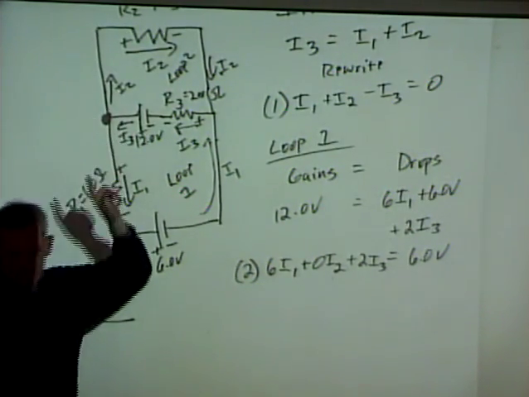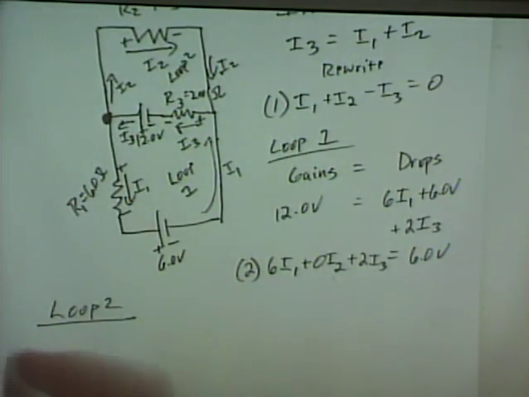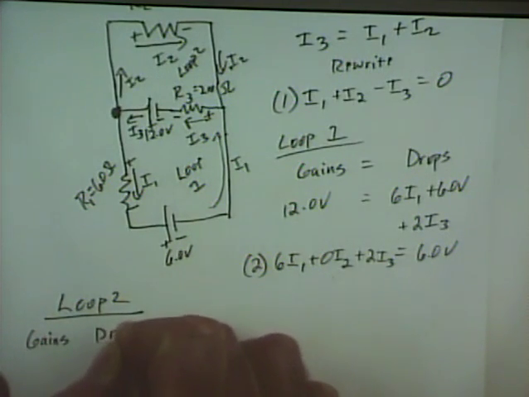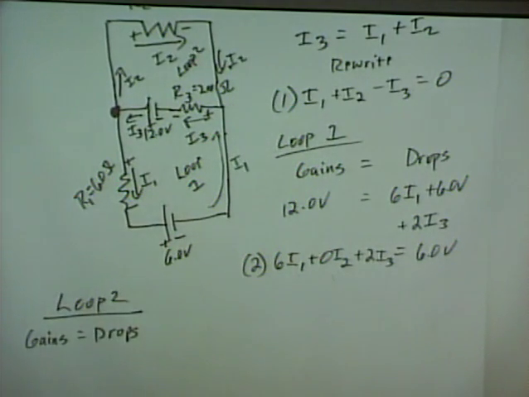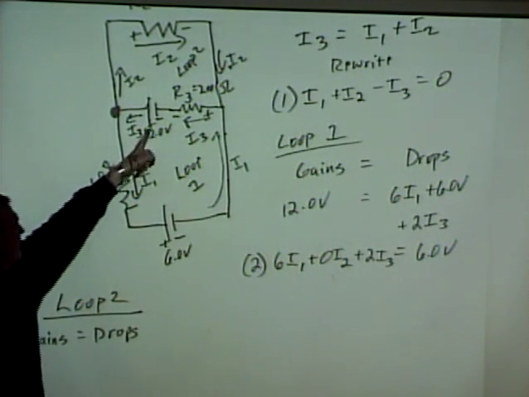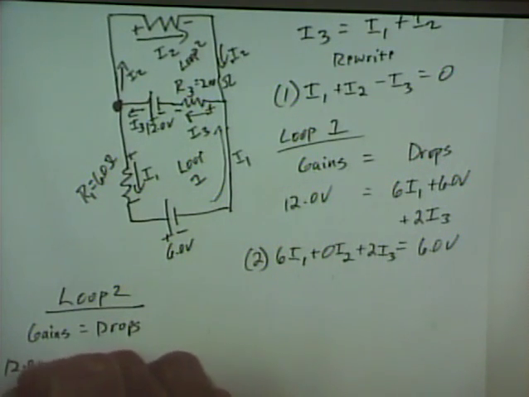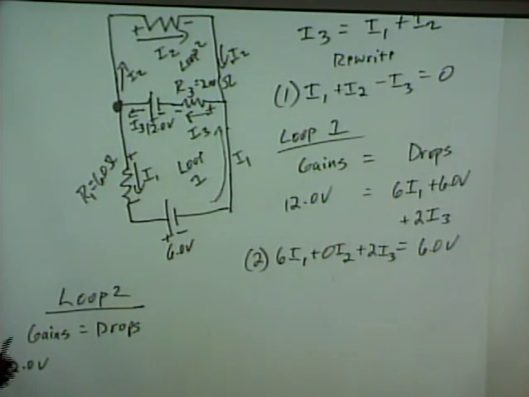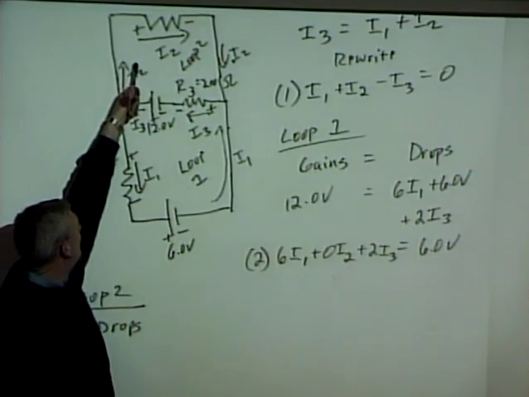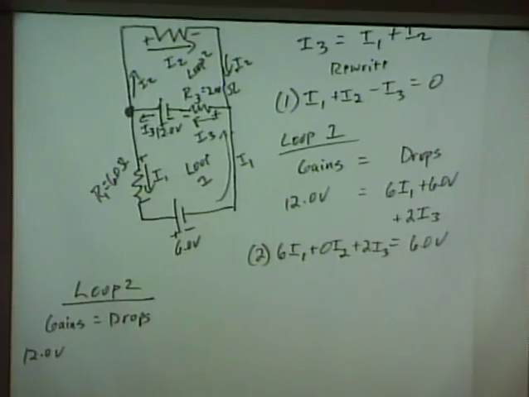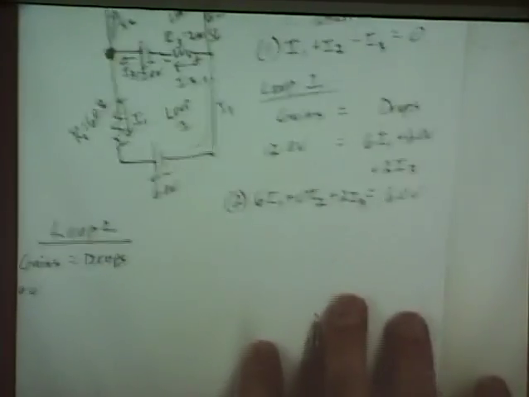So we're going to start with the gains and drops again. Gains and drops. So, plus 12 volts. And now it's coming up through here and across the top there with I2, that's going to be a drop, right? What was I2's voltage? 9. Okay, good.